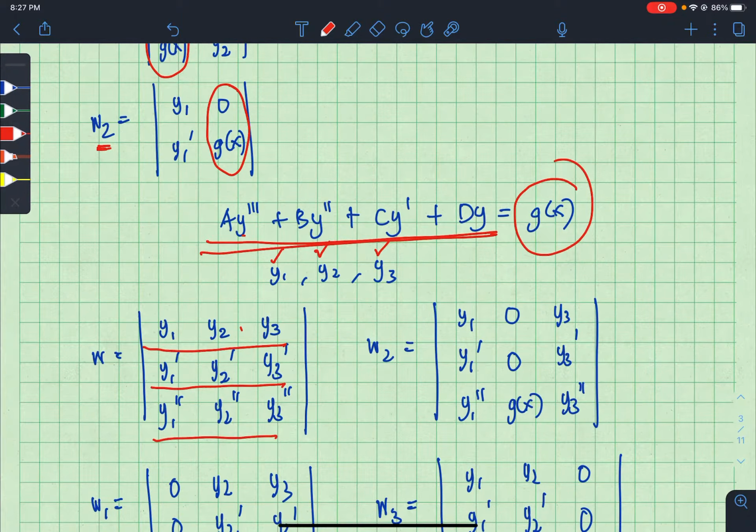Therefore, for our y sub p, that is u sub 1 y sub 1 plus u sub 2 y sub 2. So y sub p then, our u sub 1 is negative 1 half t squared ln t plus 1/4 t squared. Y sub 1 is e raised to negative t. Then plus u sub 2, which is t ln t minus t, and y sub 2 is t e raised to negative t.